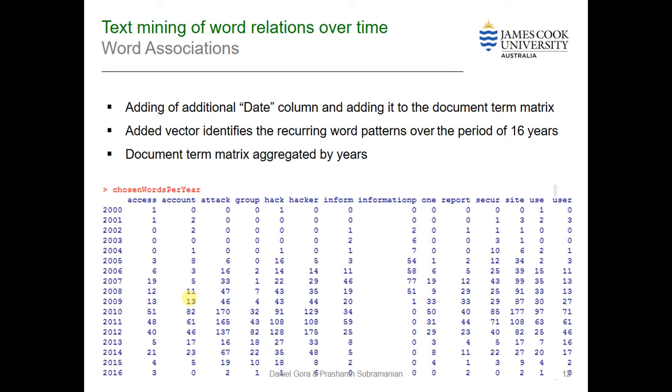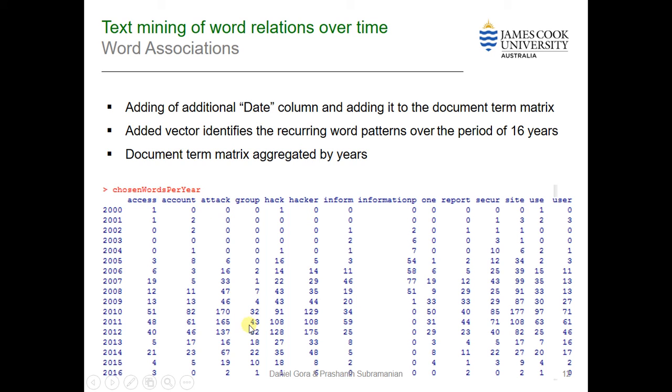So in the next phase, we did word associations over time by including an additional column from the web hacking incident database into the document term matrix. So we repeated the data extraction and cleaning steps again and added this to our document term matrix. In the next step, we also aggregated the date into years in order to have a useful overview of chosen words per year.